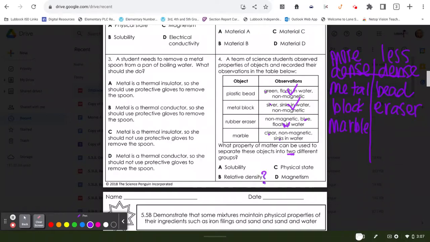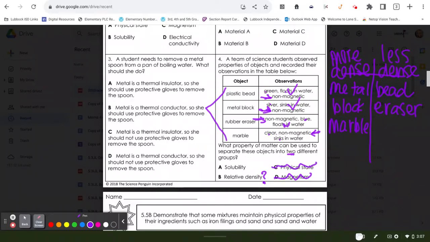Maybe relative density, right? Let's look at the last thing in each column here. I see non-magnetic, non-magnetic, non-magnetic, and non-magnetic. Magnetism would not allow us to separate these into 2 different groups. Physical state is not either because all of these are solids.